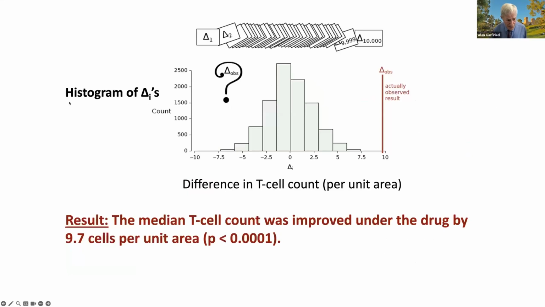So we make this histogram of the delta i's. Here is our delta obs, the actually observed result. In our 10,000 randomized simulations, a difference this big never occurred. And so now we can say, result: the median T cell count, we're using the medians here, was improved under the drug by approximately 10 cells per unit area, and p is less than 0.0001 because this never occurred once in 10,000 simulations.